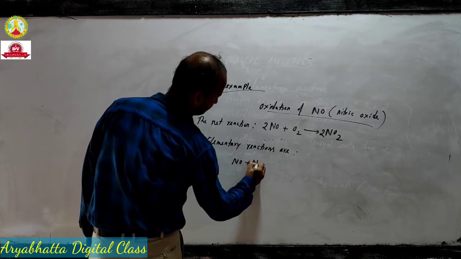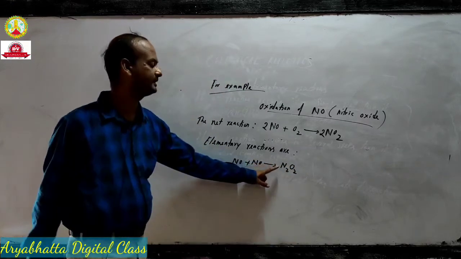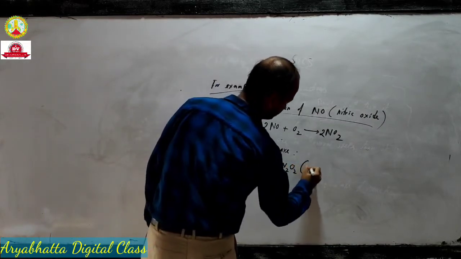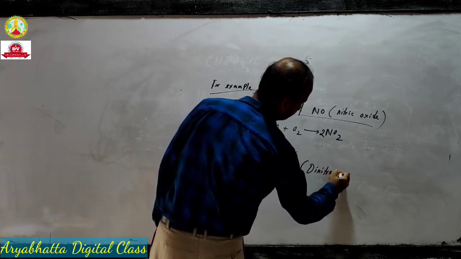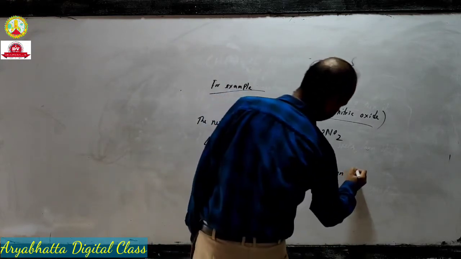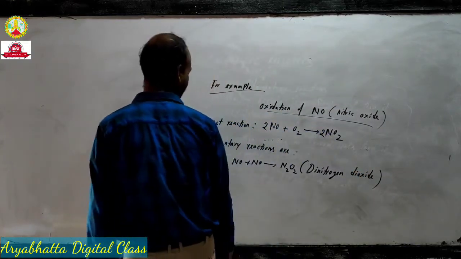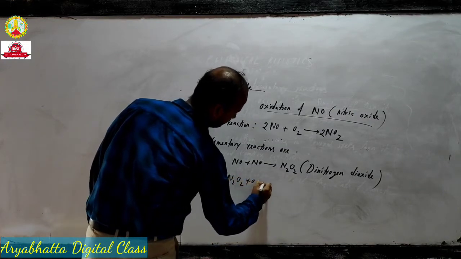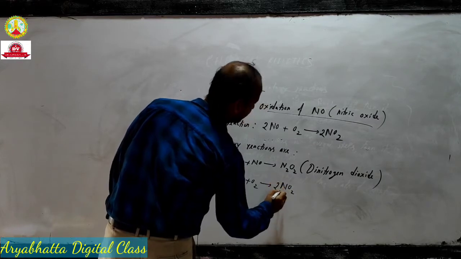Nitric oxide plus nitric oxide gives this compound, dinitrogen dioxide. After that, dinitrogen dioxide reacts with oxygen, and you will get NO2, nitrogen dioxide.